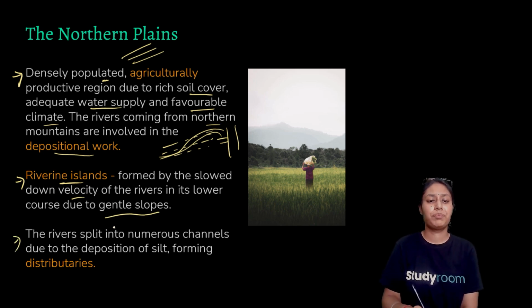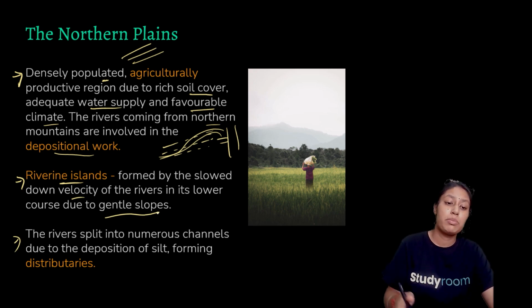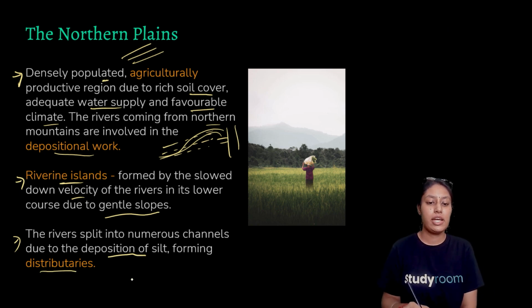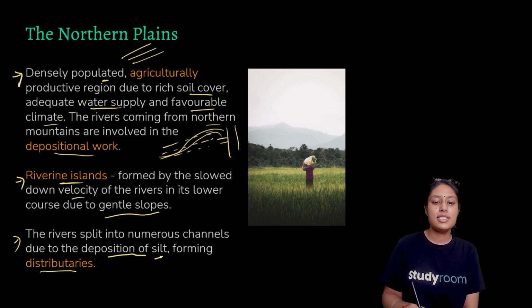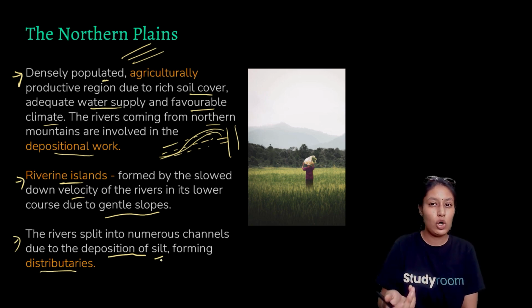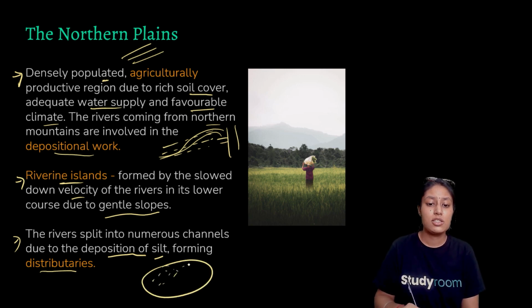Third, the river splits into a number of channels. Okay, they split into various channels due to deposition of silt, forming distributaries. So this is exactly the same depositional work that we understand here. Silt is basically the soil, which is the leftover soil along the river. Okay, so it's called silt. For example, this is a land, and it has all the silt.